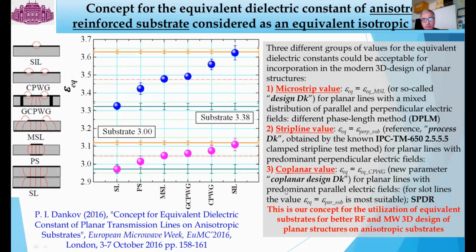Our concept for using anisotropic materials is based on the fact that we can replace the anisotropic structure with the equivalent isotropic structure. However, and this is an inconvenience, this equivalent dielectric constant depends on the type of planar line used: microstrip line, coplanar waveguides, or strip lines, etc. And for the designer, this is not good.